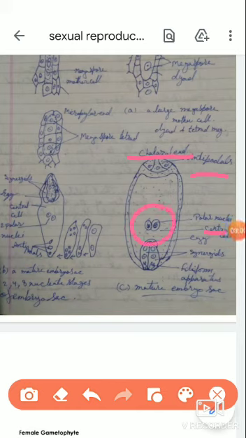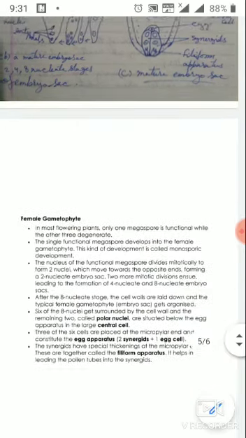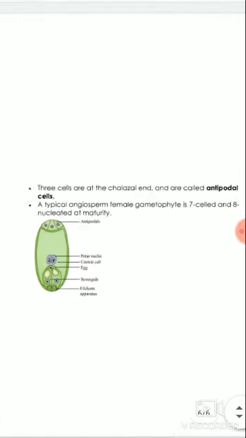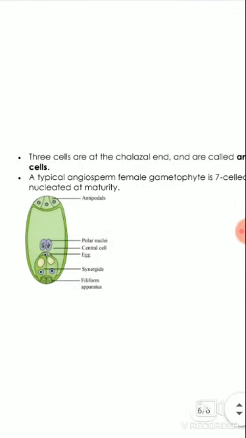A typical angiosperm embryo sac at maturity, though 8 nucleate, is 7 celled. Shown in this figure: antipodal, polar nuclei, central cell, egg, synergid, and filiform apparatus.